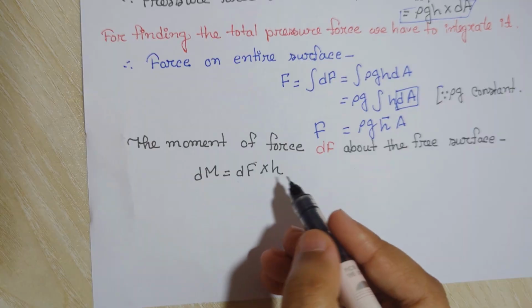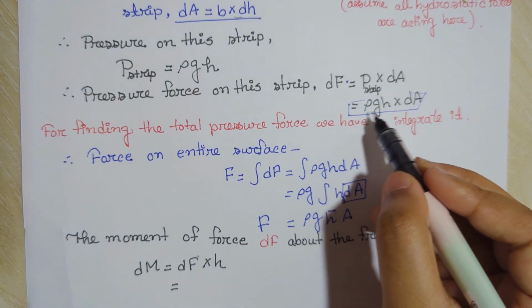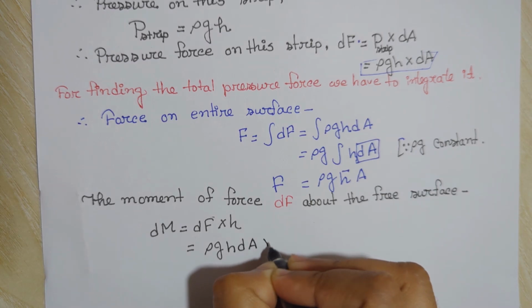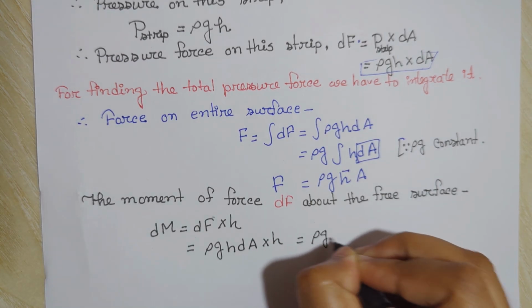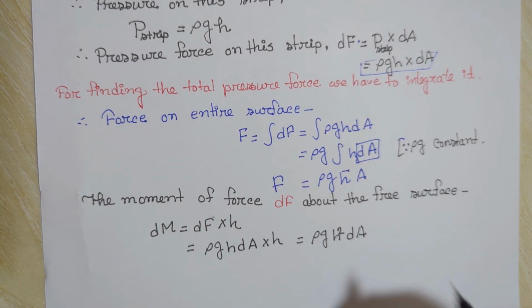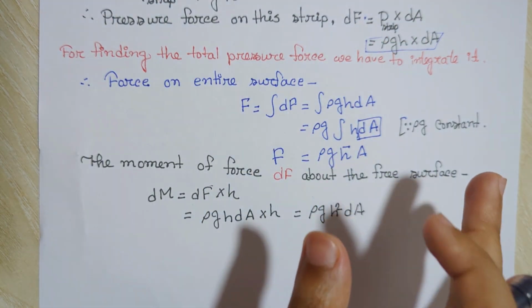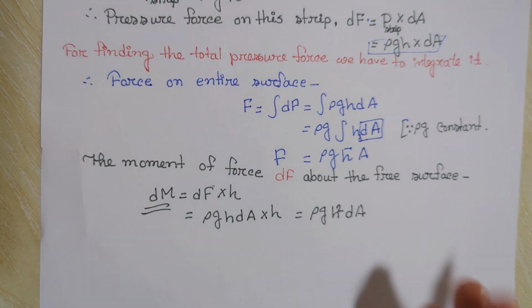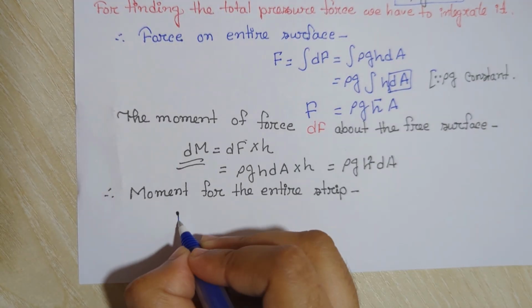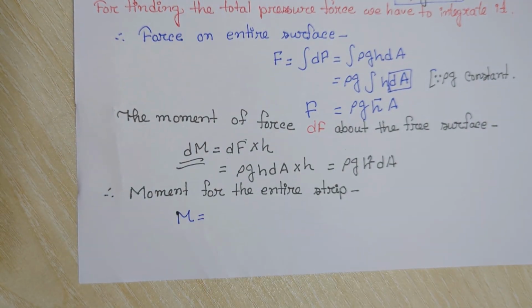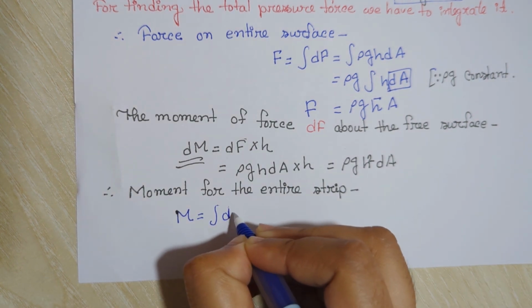So here we use dF into h, and from this we know dF equals rho g h dA, into h equals rho g h square dA. And as we want the moment for our entire object, now we will integrate this small moment. The moment for this entire strip will be M equals integration of dM.